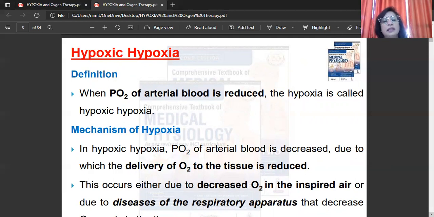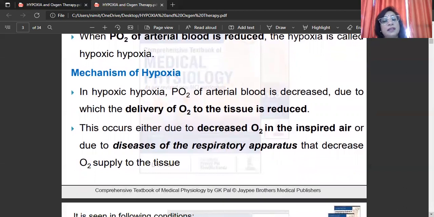This occurs either due to decreased oxygen in the inspired air. Now, what are the causes? You should know the causes of hypoxic hypoxia also. Either due to decreased oxygen in the inspired air, or due to diseases of the respiratory apparatus that decrease the oxygen supply to the tissues.